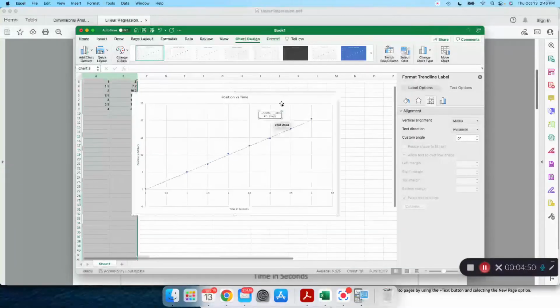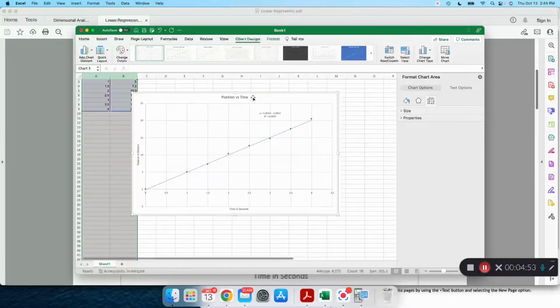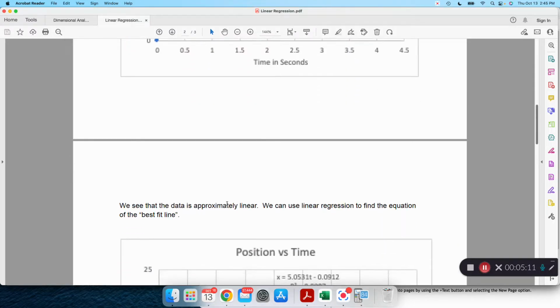Now, I could, if I wanted to, just highlight this entire graph and copy and paste that into some Word document, if, say, I were turning in a lab. This is a good way to turn in a lab. There's the equation of our trend line. We have this nicely produced graph that's labeled. Okay, so what did we find?